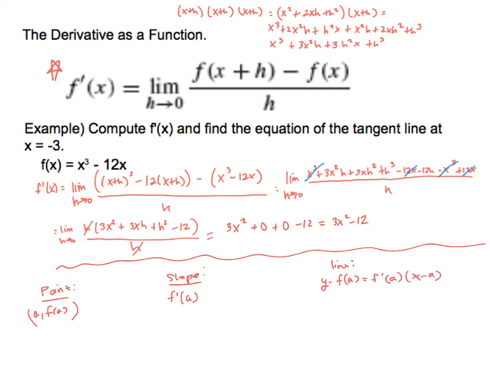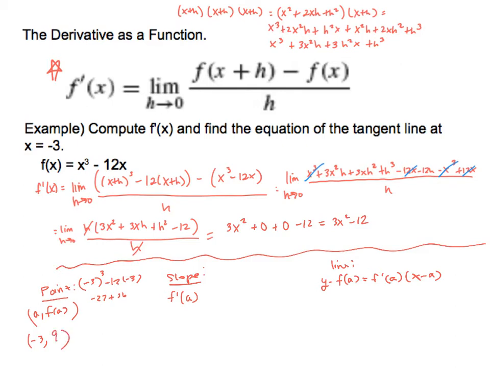Okay, so a comma f of a, the a value in this case is negative 3. So negative 3 comma negative 3 cubed minus 12x. So we're going to have negative 27 plus 36. So we get 9.